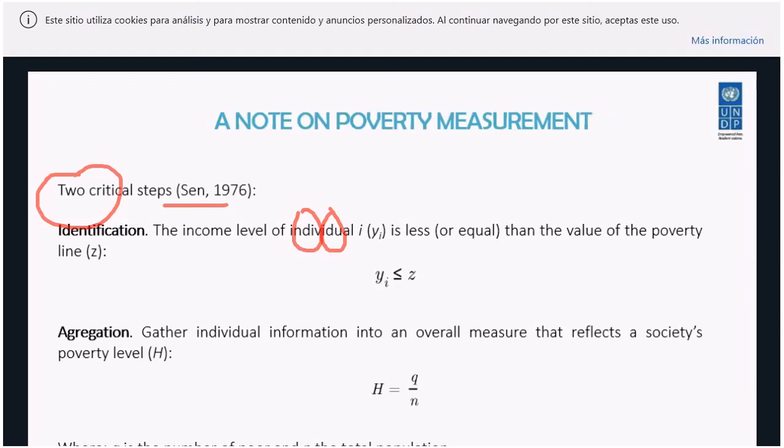So if we compare individual income against that predefined threshold or poverty line, we can identify an individual as poor or as non-poor.